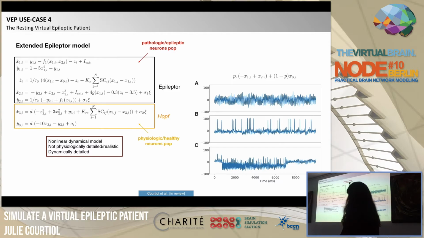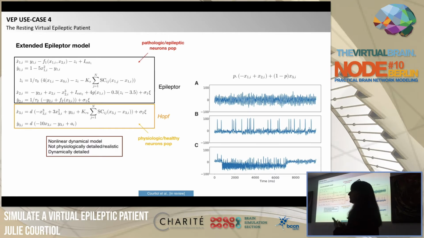The Epileptor at the basis was developed to reproduce epileptic seizures, to identify the type of seizures and reproduce the epileptic activity. But outside the seizure, during the interictal state, the Epileptor is in a fixed point. And when we add noise, the resting state will be just noise.